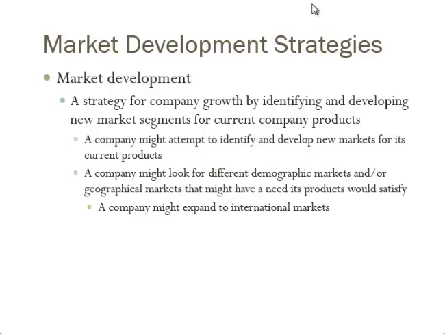Market development strategies identify and develop new market segments for current company products. If you sell telephones, for example, to residences, maybe you can expand by also selling to businesses, or selling secondary phones, or phones that have greater range in terms of wireless capabilities.